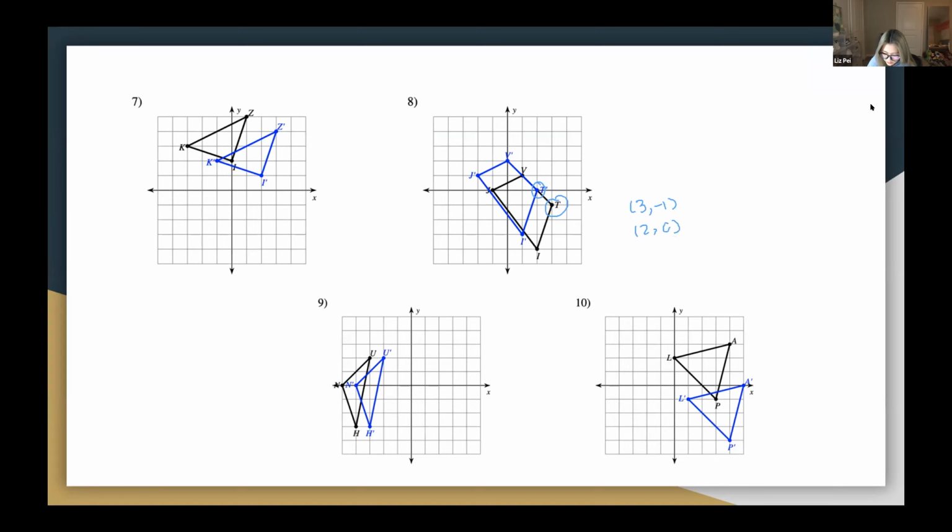So the points got translated one less on x, which means left 1 unit, and then up 1 unit. You can also count up 1, left 1, and this is just the algebraic way to do it. Now you can try 9 and 10, and these are really easy, so maybe 1 minute, and then Yifan can go over them with you.